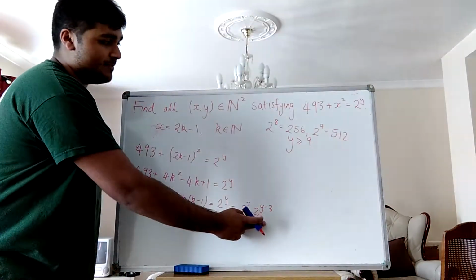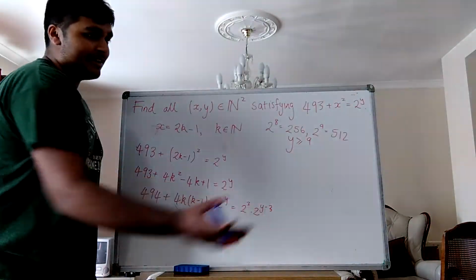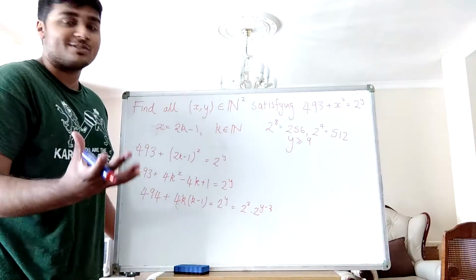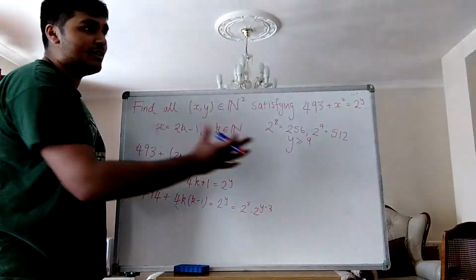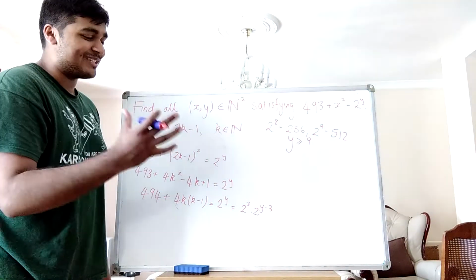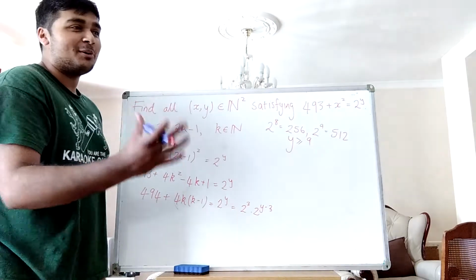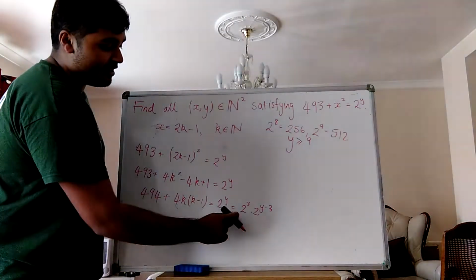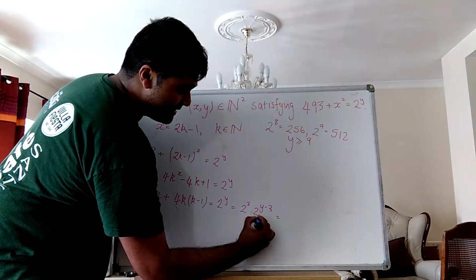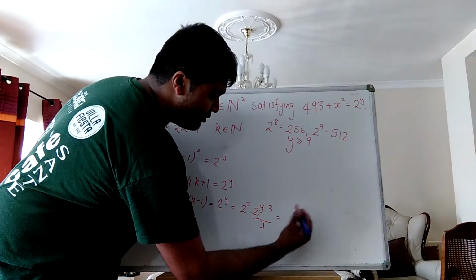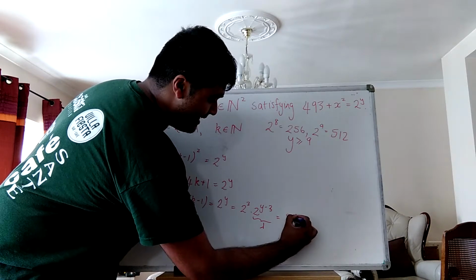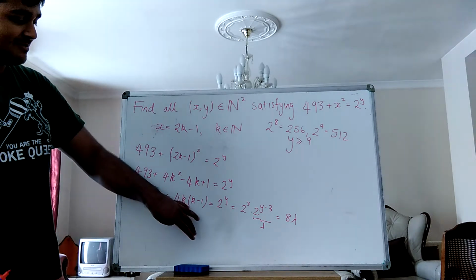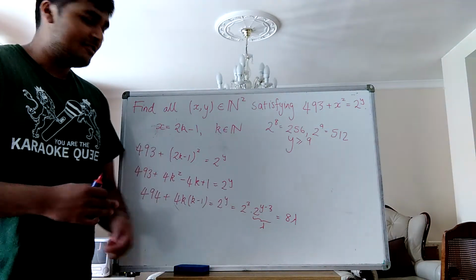Since y is at least 9, y minus 3 is a positive integer, so 2 to the power of a positive integer is a positive integer. So this whole thing is a positive integer times 2 cubed. If I call this thing lambda, I can write this as 2 cubed times lambda, which is just 8 lambda. So I get 494 plus 4k times (k minus 1) equals 8 lambda.